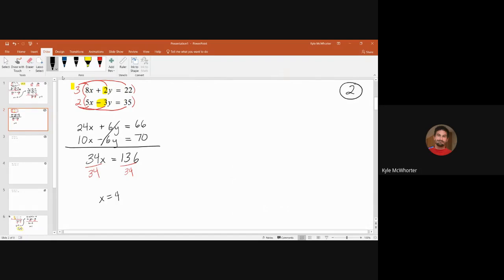And then I'm going to use the top equation because it has a positive y coefficient. So 8x plus 2y equals 22. And I'm going to substitute a 4 in for x. So this is 8 times 4 plus 2y equals 22. 8 times 4 is 32.